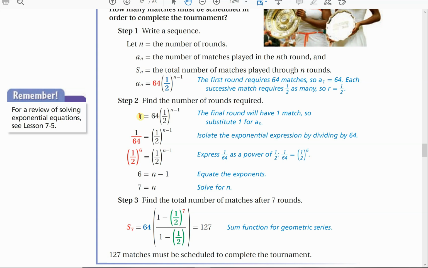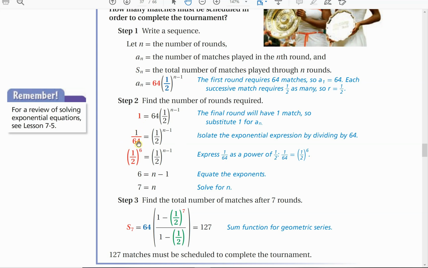So if we figure out how many are going to be in the first round, we substitute in 1. Final round is going to have 1 match. We don't know what that n is, but 64 times 1/2 to the n minus 1 equals 1.